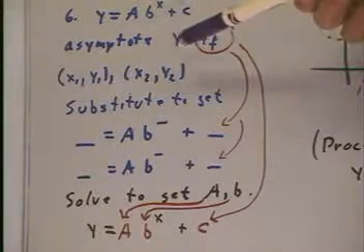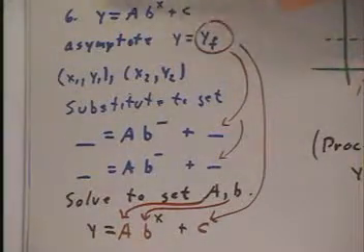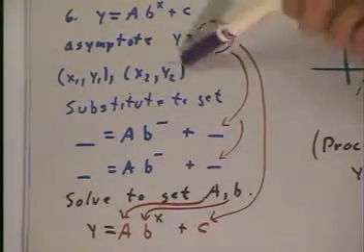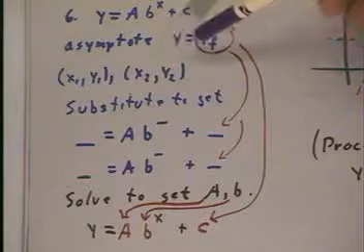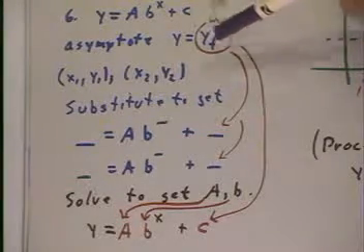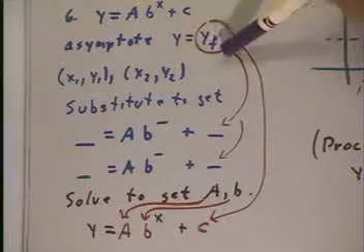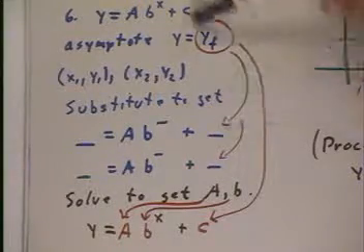So if we know the asymptote of a data set, if we've got data and in some way we know or think we know what the asymptote is, and the asymptote is, let's say, y equals yf, then this value yf for the asymptote is what goes in for c.